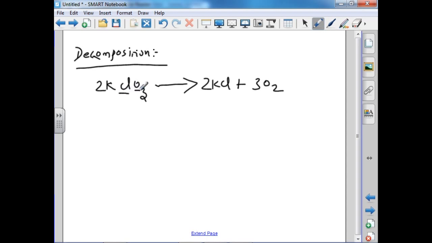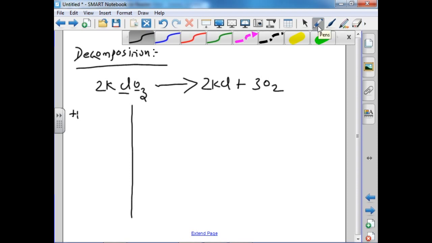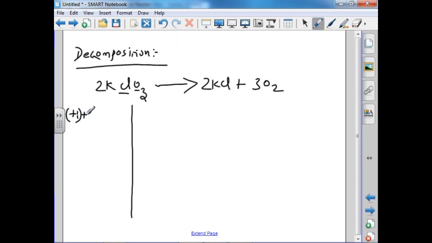We don't calculate the oxidation number of potassium because there is no change in its oxidation number. The oxidation number of potassium anywhere is plus 1.